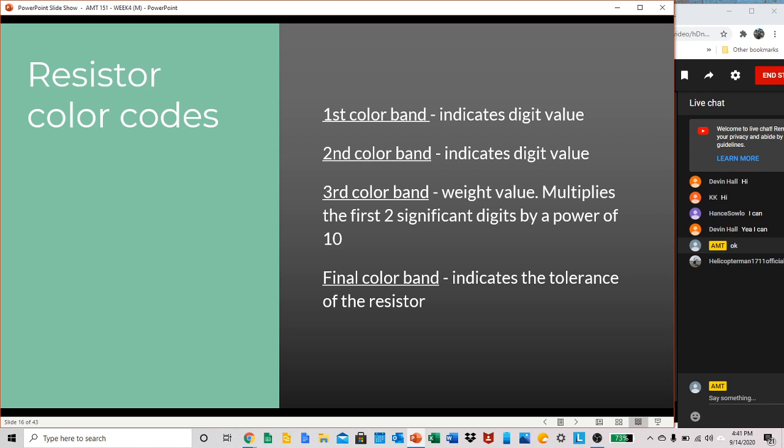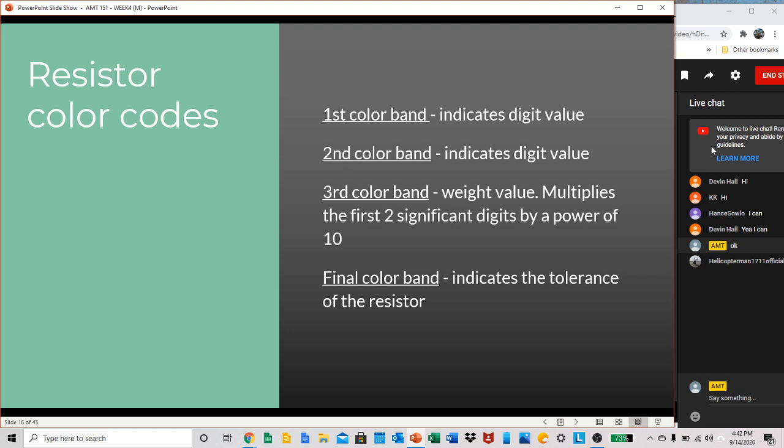You'll see this in a chart that I have, but the third color band multiplies the first two significant digits by a power of 10. And there's a chart for what power of 10 those color bands go by. And then the final color band indicates the tolerance of your resistor.